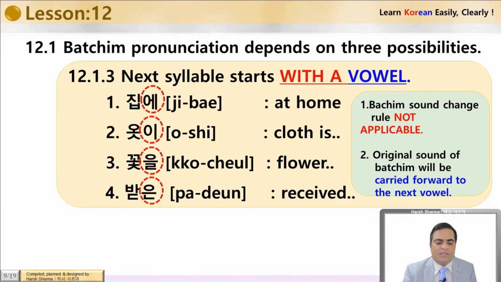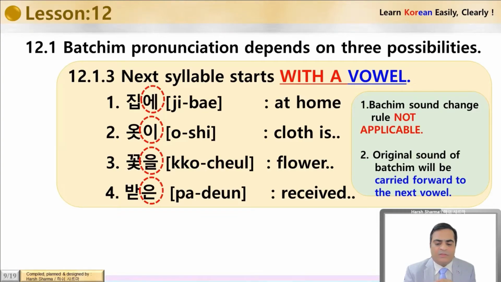The next syllable is starting with a vowel U. Number four, after the Batchim, again there is a vowel starting syllable. So in this situation, where the next syllable starts with a vowel, that Batchim sound change rule will not be applied. Please understand carefully.